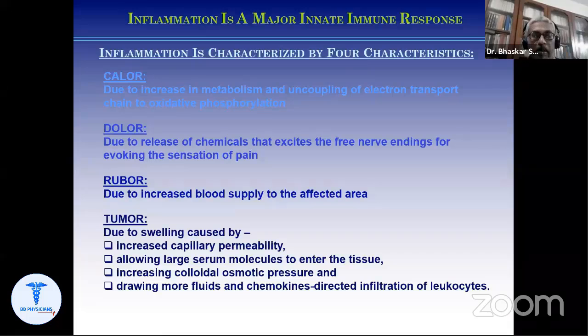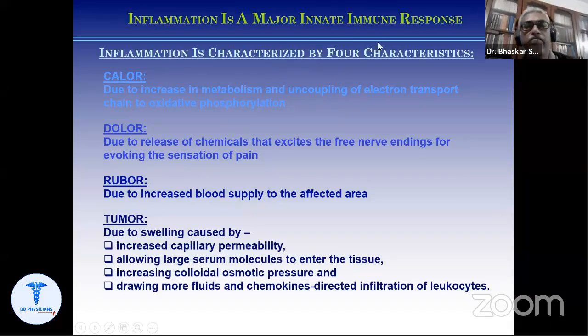And then the other mechanism for this function of the innate immune response is induction of inflammation. And inflammation is characterized by 4 features: calor, dolor, rubor, and tumor.